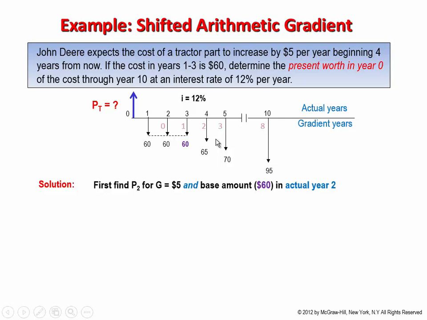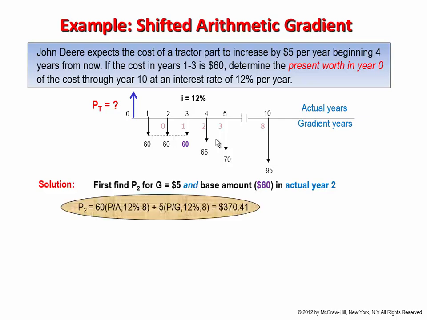And so first find the P2, so find the value in year 2 of the gradient and the base amount of the 60. So this is saying you can find the value in year 2 of the gradient.